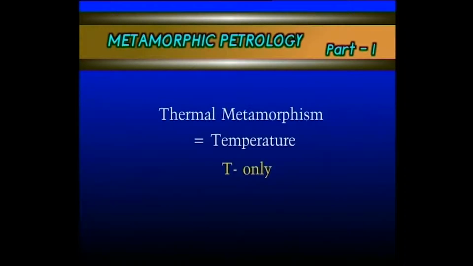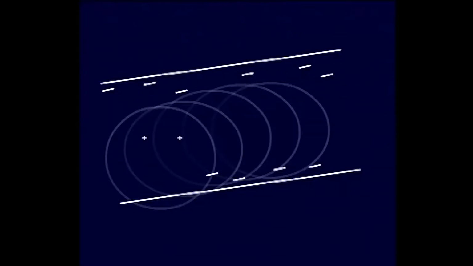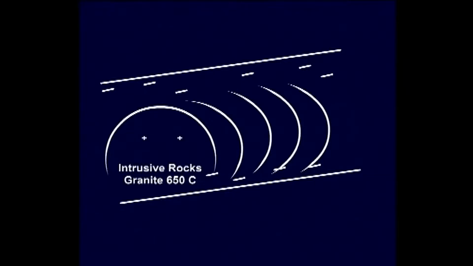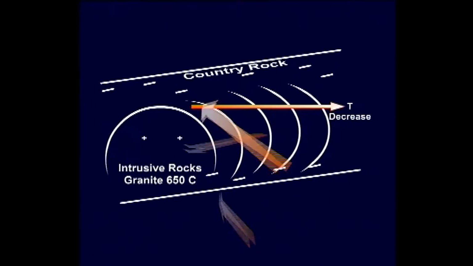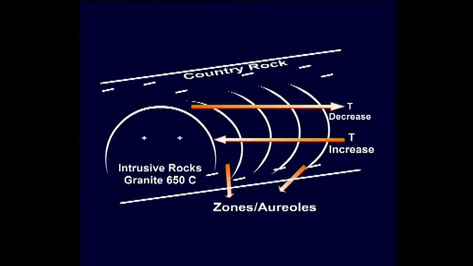If an intrusive body intrudes into country rocks, then normally around the intrusive rocks some sort of aureoles or zones develop. From the intrusive body towards the outer zones, the heat energy is transmitted, and as we move from the intrusive body towards the outer zones or aureoles, the temperature normally decreases, with mineralogical changes from the immediate contact up to the outer part.